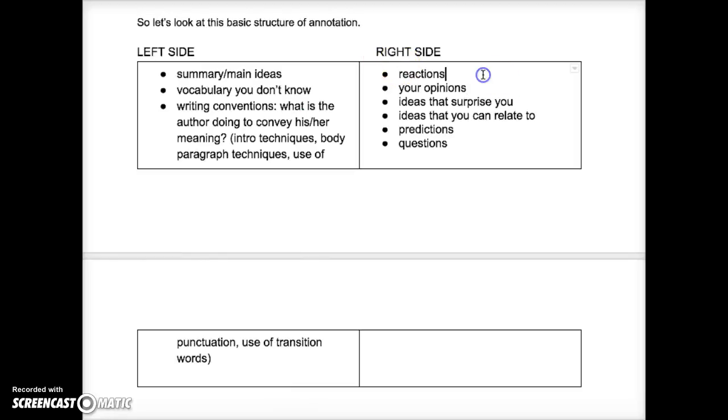Then right side will be your reactions, your opinions and connections to the text, ideas that surprise you, ideas you can relate to, predictions, questions. So this is really more of your own commentary about what you're reading. And this is really important in setting you up for writing your essays and for your discussion as well.